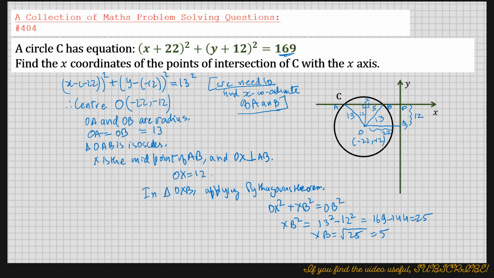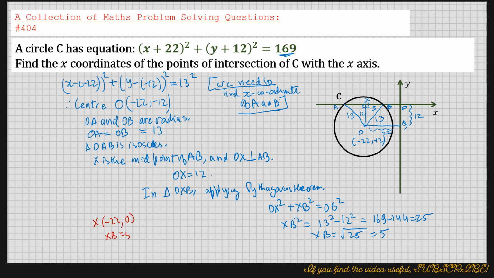The rest is quite easy because we know the coordinates of X: X is minus 22, 0. That's the coordinate of X, and the distance XB is 5.